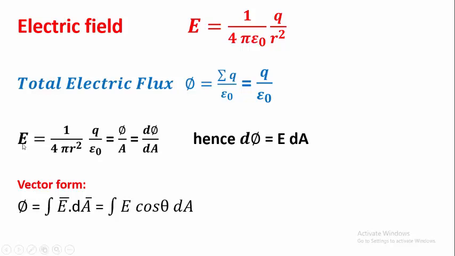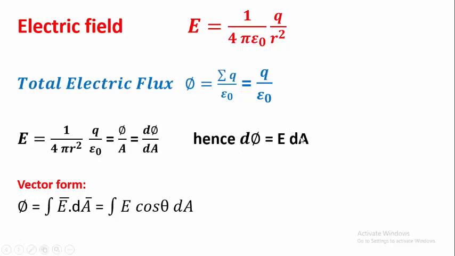So electric field becomes electric flux per unit area. So in terms of element, we can write flux element per area element. So E is equal to d phi by dA. Just simple cross multiplication gives us d phi is equal to E into dA.